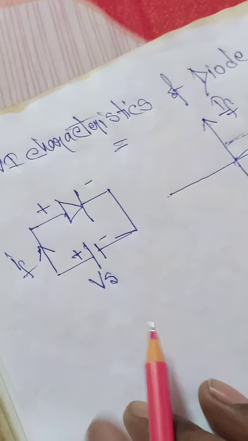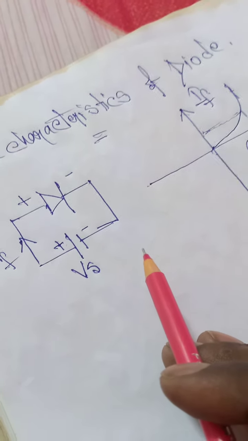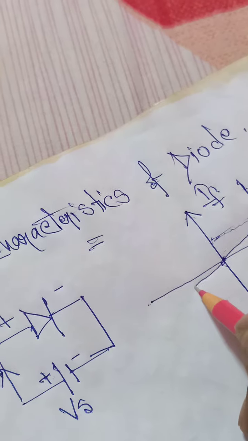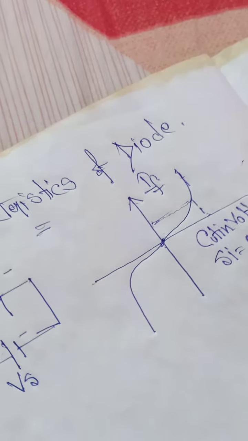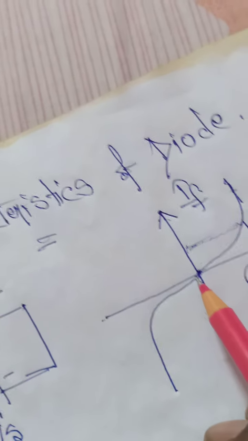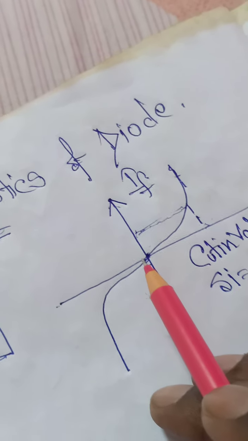Now in case of the opposite, what will happen? When the anode is negative with respect to the cathode, the diode is said to be reverse biased. When it is reverse biased, the current will flow like this. Listen to this very concentratedly. Here, when the diode is reverse biased, the voltage will be reversed.